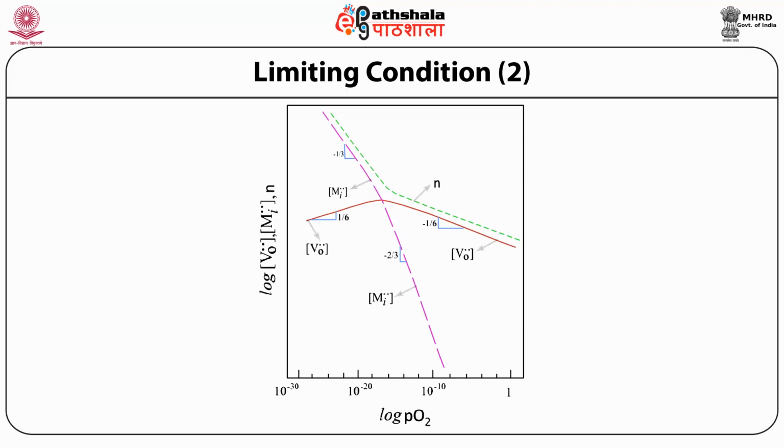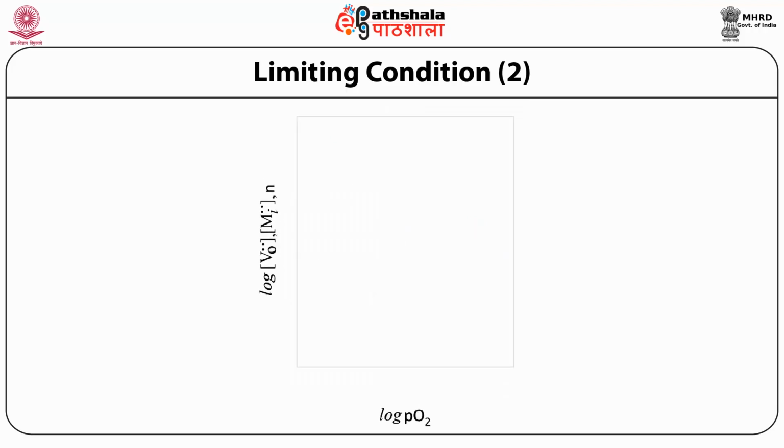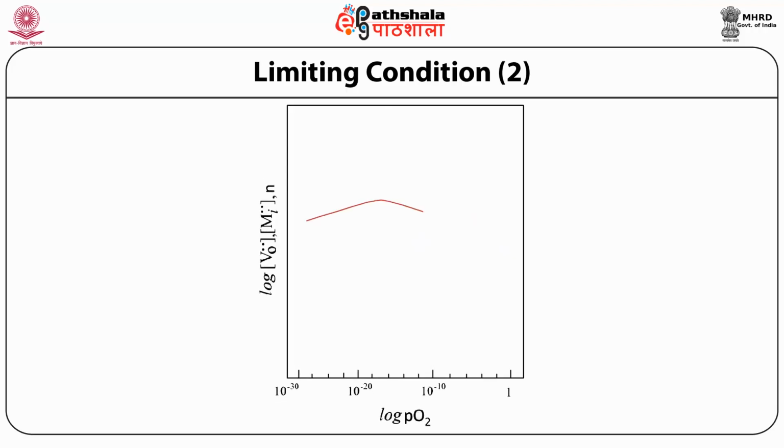If the concentration of OO is 1, then the concentration of Vm double prime is very much less than the concentration of OO. Then the equation becomes K is equal to the concentration of Vm double prime times NH square divided by PO2 to the power 1 by 2.